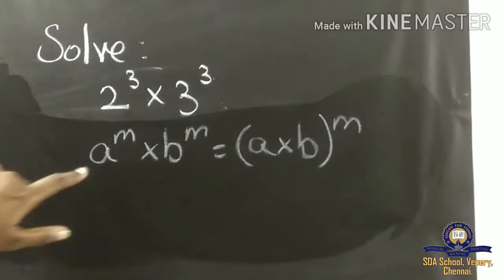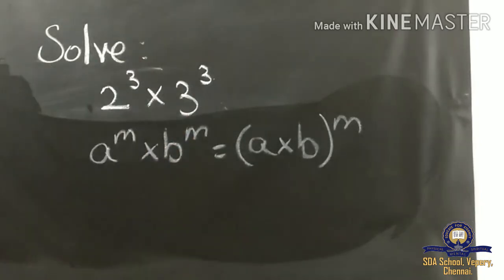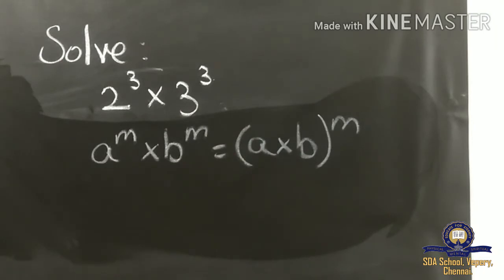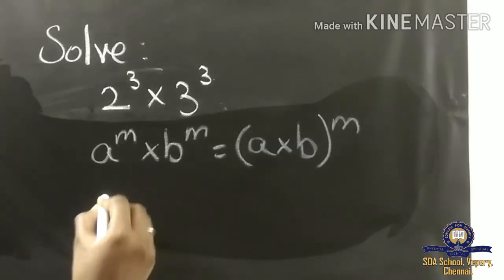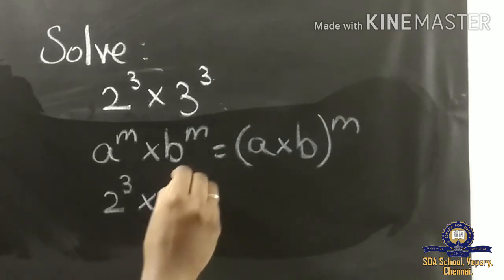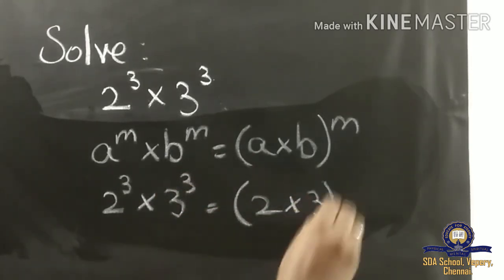In the place of a there is a value 2 and in the place of b there is a value 3, right? And here you can see that your powers will always be the same, equal exponents. So here we are going to substitute a as 2 and b as 3 and m value as 3. 2^3 into 3^3 is equal to (2×3)^3.